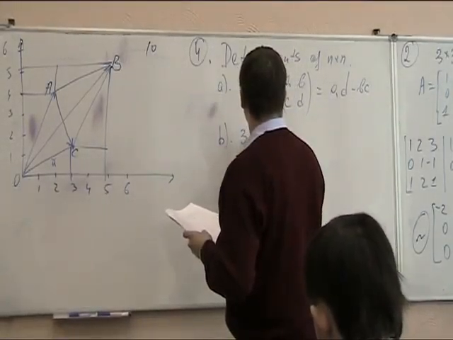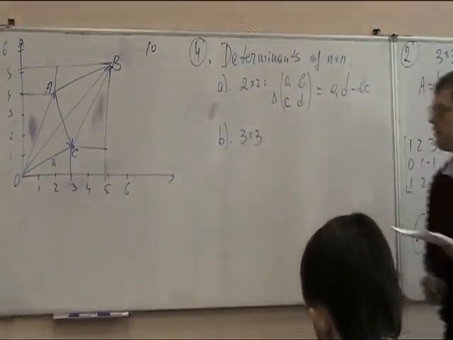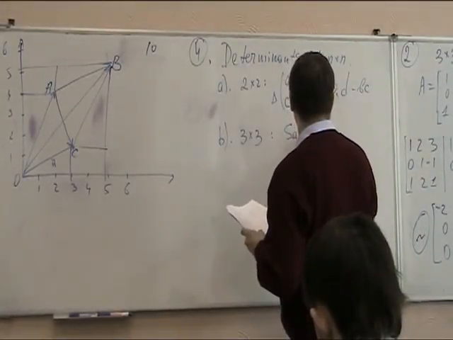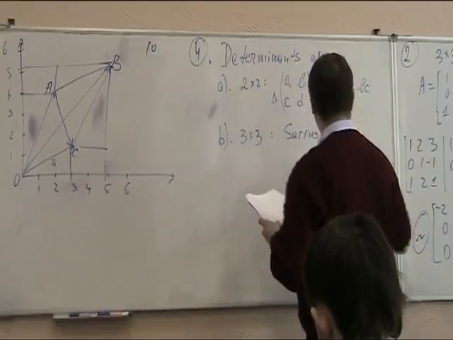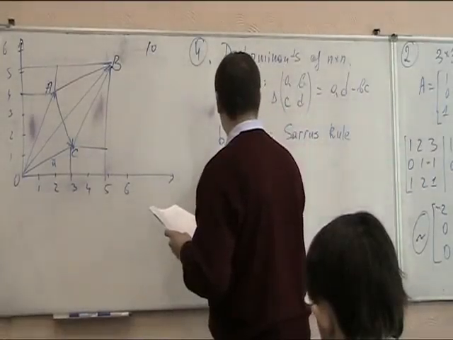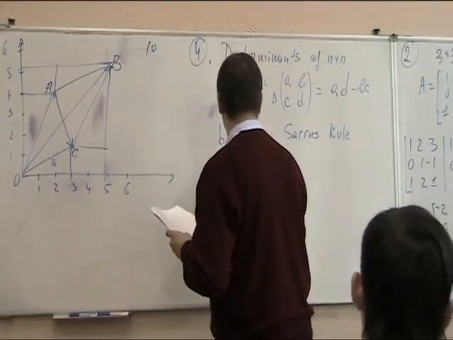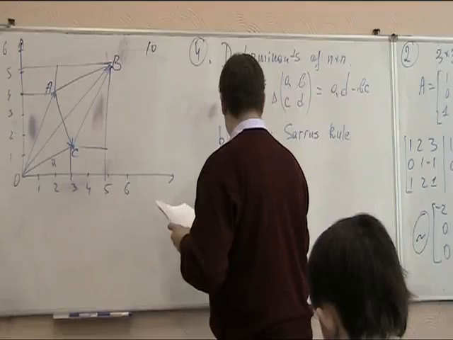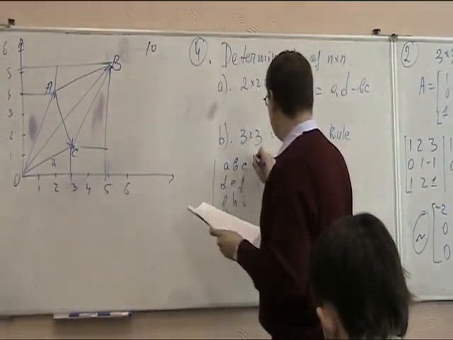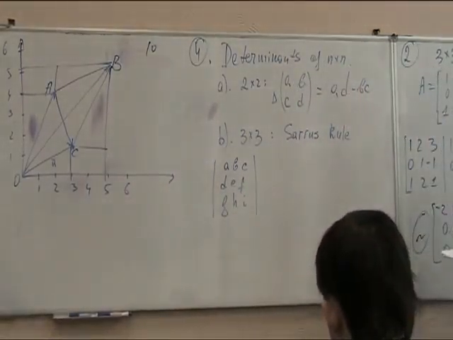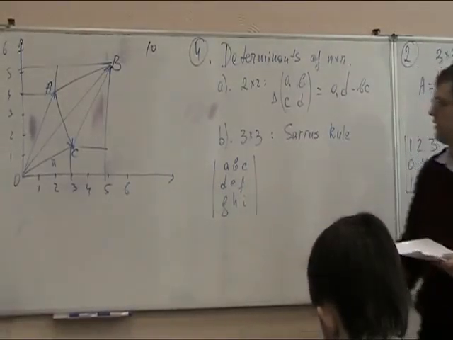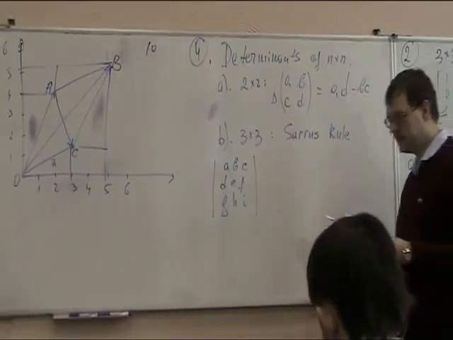The second is used for the matrix 3 by 3. This is what we call Sarrus's rule. So if the matrix looks like A, B, C, D, E, F, G, H, I, then we just add 2 columns over here or 2 rows over here, and the rule is how we get the signs right.